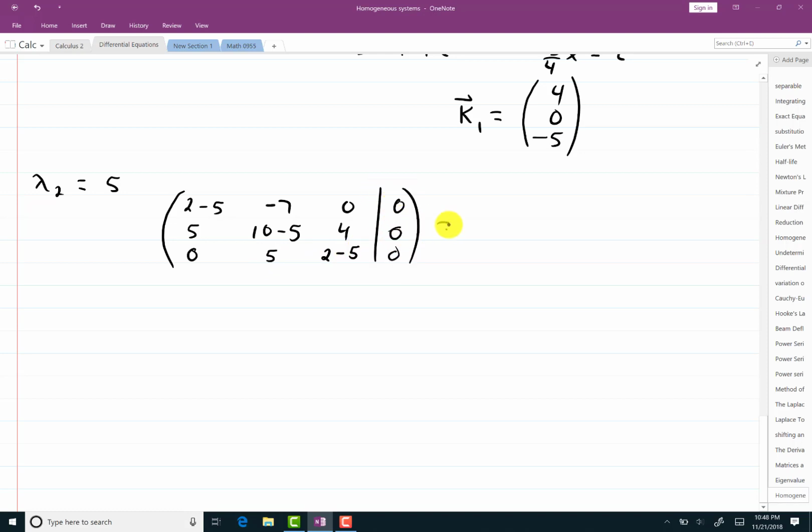Let me simplify. I'll get negative 3, negative 7, 0. Then I'll get 5, 5, 4. And then I'll have 0, 5, negative 3.